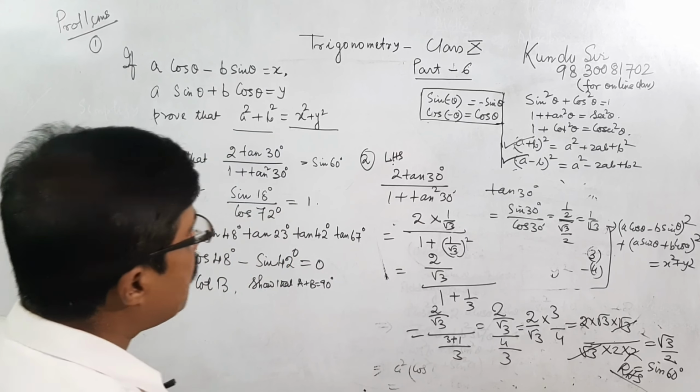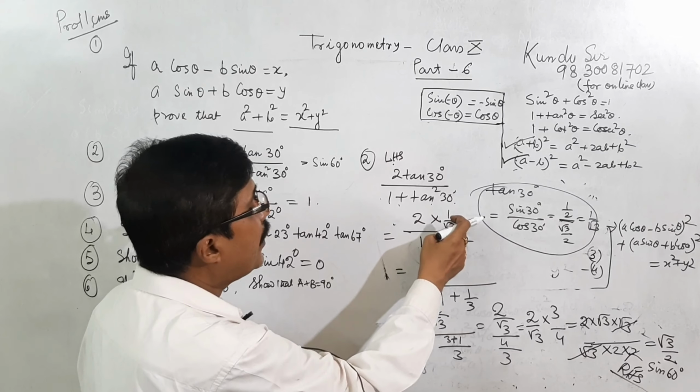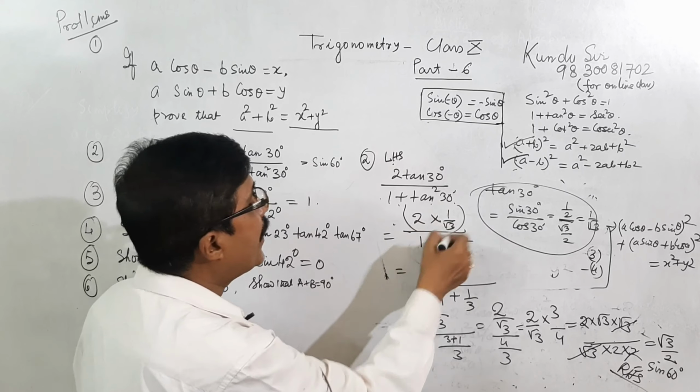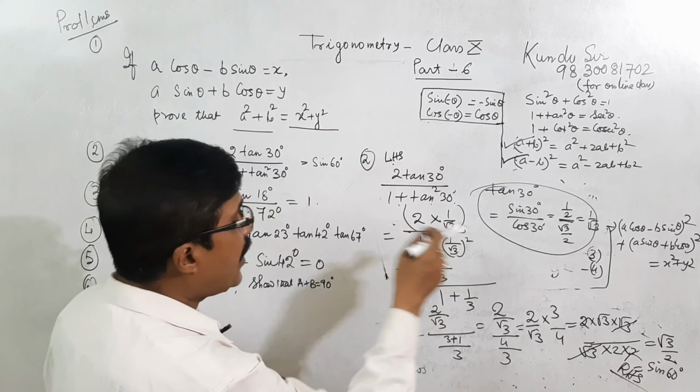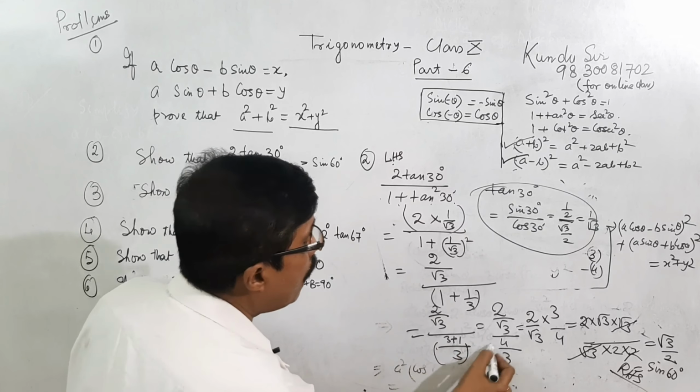I am explaining again: 2 tan theta upon 1 plus tan square theta. Then we find out the value of tan theta, tan 30 equal to 1 by root 3. So 2 into 1 by root 3 in the numerator becomes 2 by root 3, and the denominator is 1 plus 1 by 3, equal to 4 by 3.